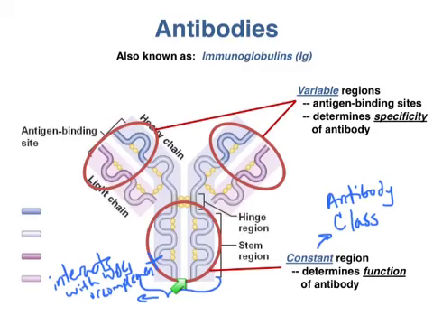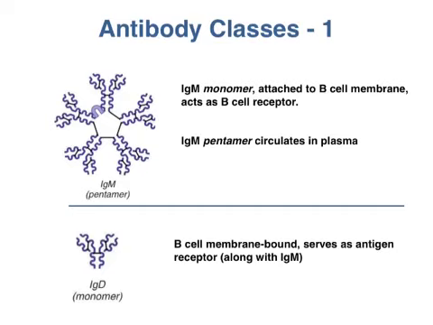Now let's talk a little bit about the different antibody classes. Let's talk a little bit about what different constant regions allow antibodies to do. The first two antibody classes I want to talk about are IgM and IgD. And I'm talking about these two first because these are the first two antibody classes that are produced.